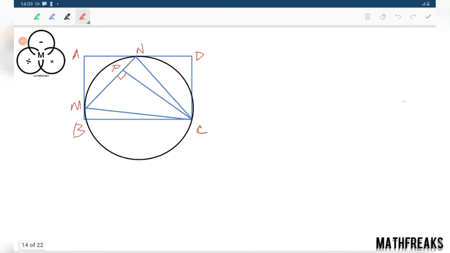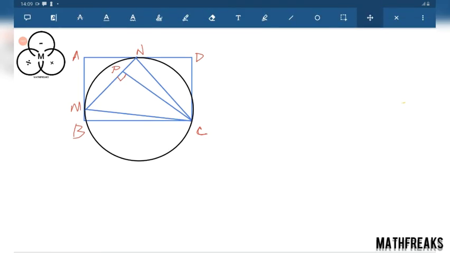See, when we are going for routine mathematics, I guess the alternate tangent theorem is not used very much. But here again and again we have the application of the alternate tangent theorem.